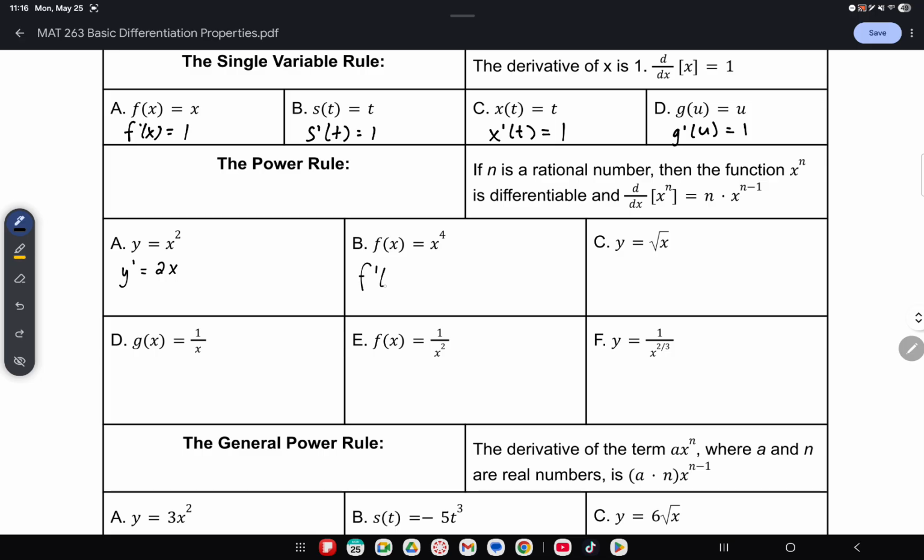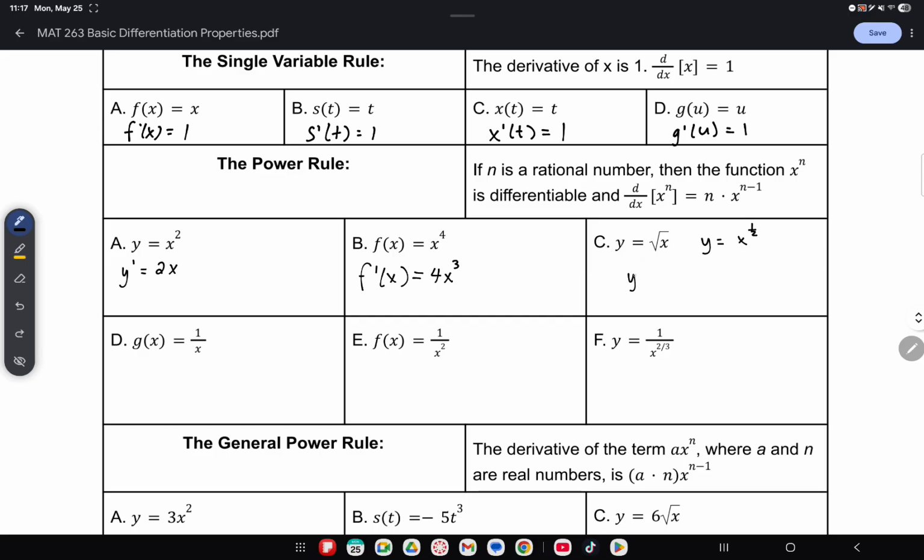So let's try this one here. If f of x is x to the 4th, that power rule says we bring the exponent down in front and then subtract 1 from the power. So the derivative is 4x cubed. Now this one's a little weird. I can rewrite this as, instead of square root of x, let's turn that into a rational exponent, 1/2, or power over root, right?